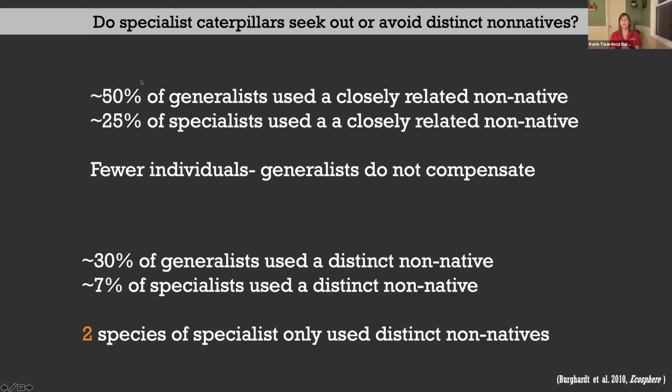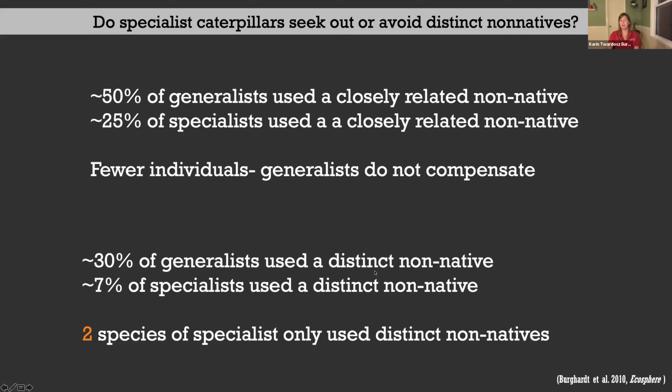And basically we found that only about 50% of the generalists in our study would use a closely related non-native, and 25% of specialists would use one. However, we did get fewer individuals on these closely related non-natives. So we're not having generalists compensate in terms of abundance.